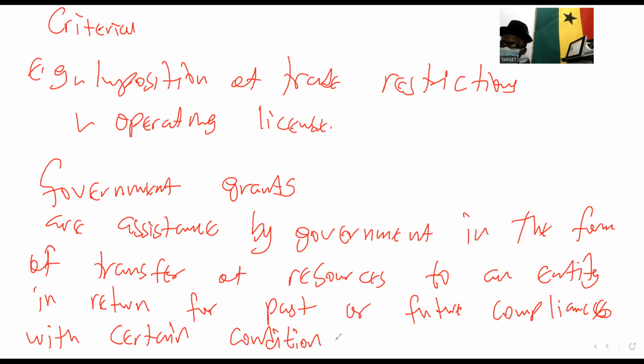So now, in summary, when government gives you something, it's a grant. When government helps you without giving you anything, it's an assistance. Take notice of the difference. So here government will commit to give you something.